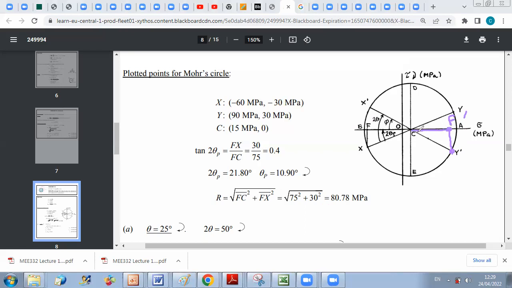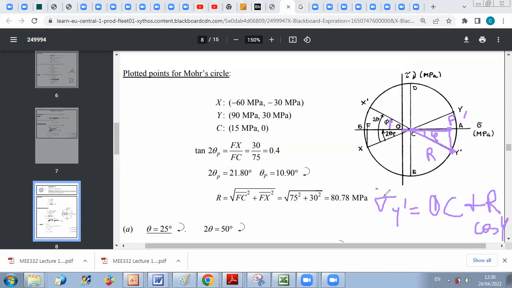So what you do is you say this is equal to the radius R. This angle here is opposite to phi, so this is also phi. So you can say that CF prime is R cosine phi, and I should add to it OC. So in total, sigma y prime is equal to OC plus R cosine of phi.